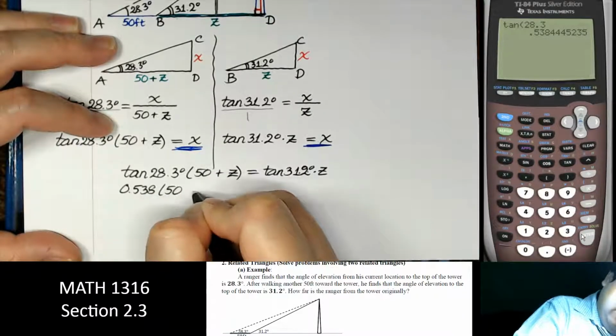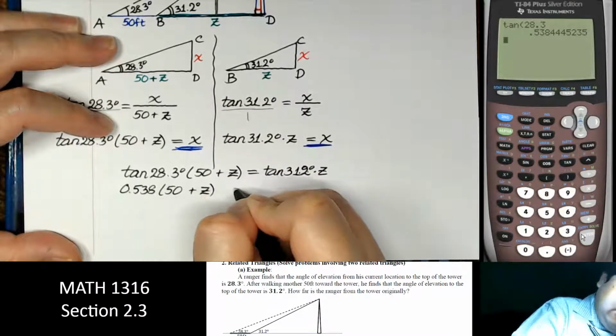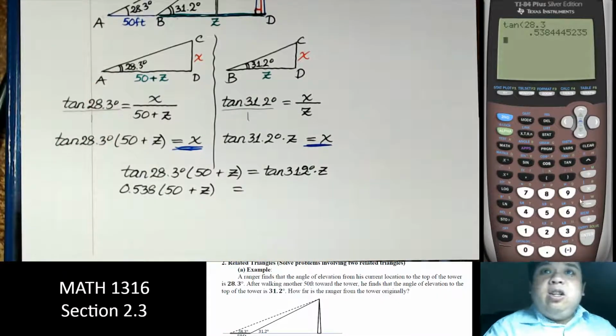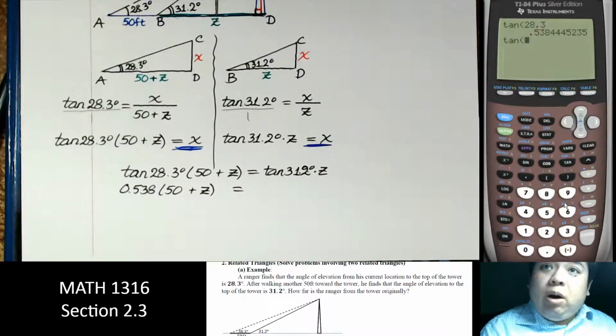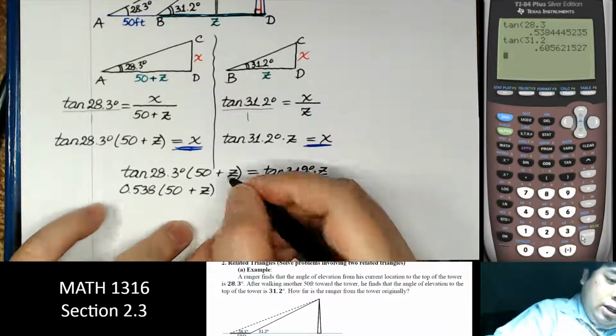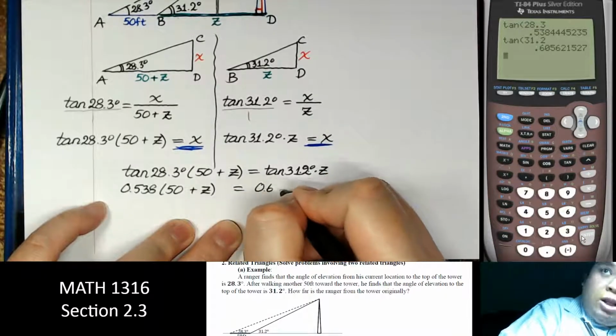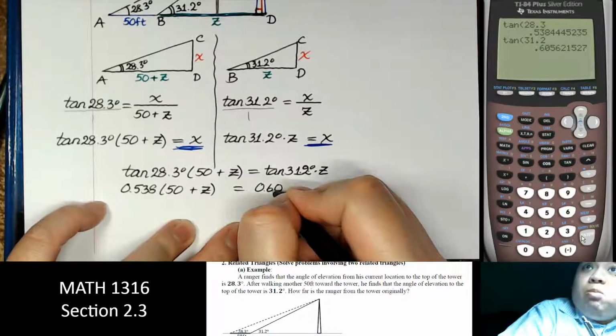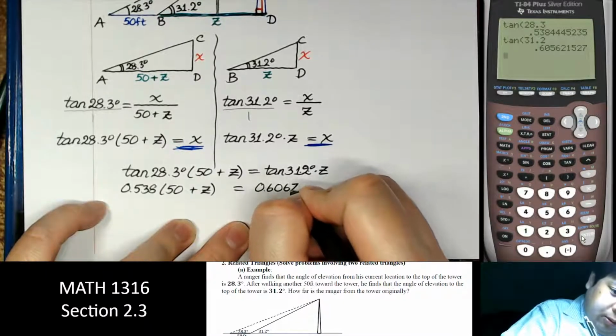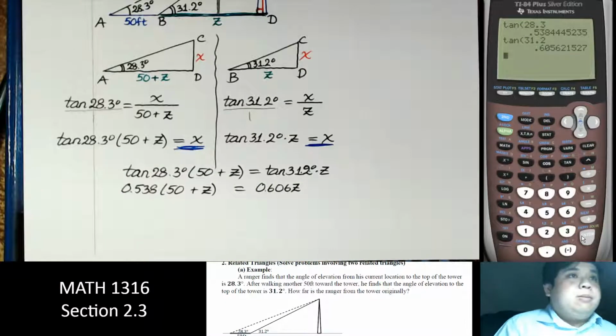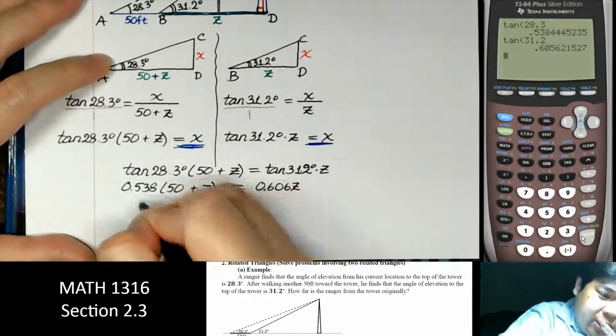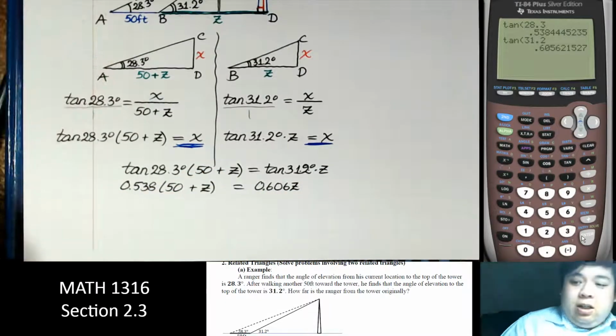Times 50 plus z, and tangent of 31.2 is 0.606. Just a 3 decimal number. Right, multiply them out.